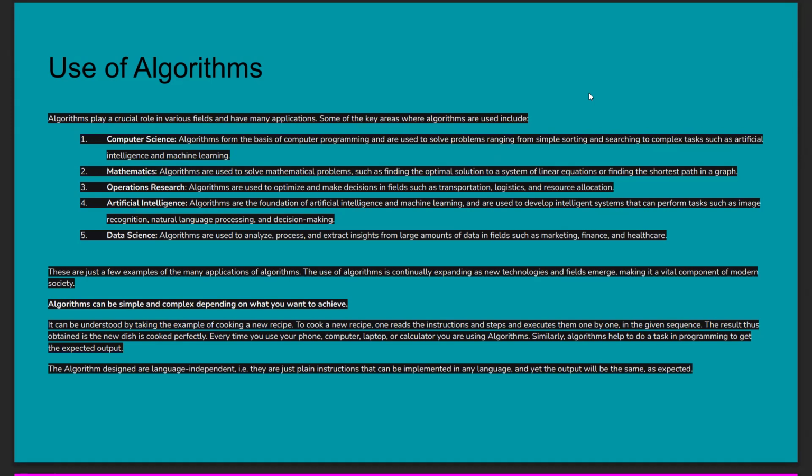If you want to solve any problem ranging from simple sorting, we go with this algorithm, and we use it in simple sorting and also searching to complex tasks.